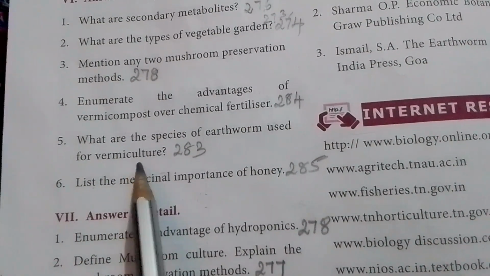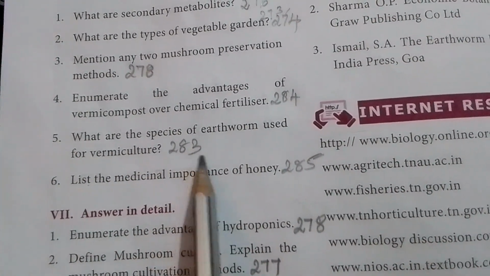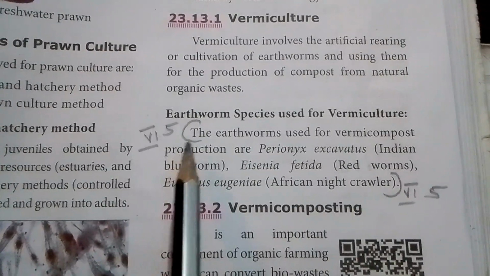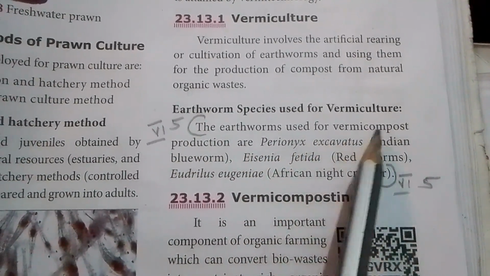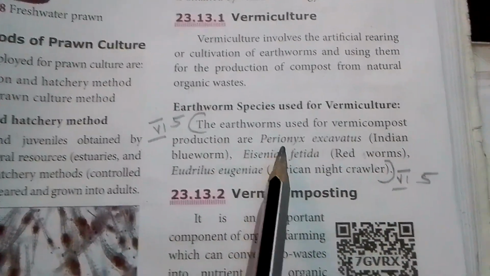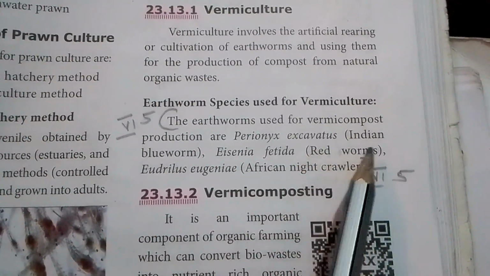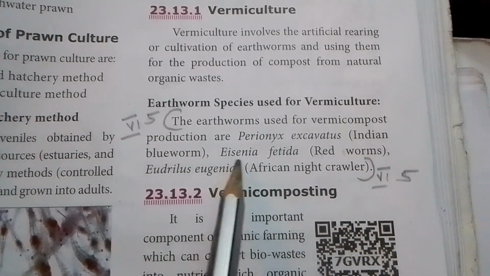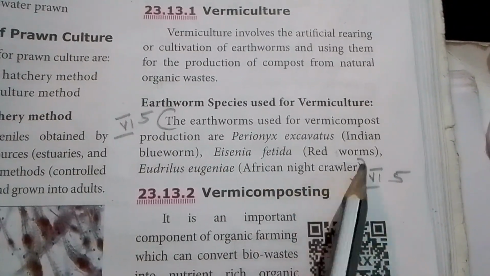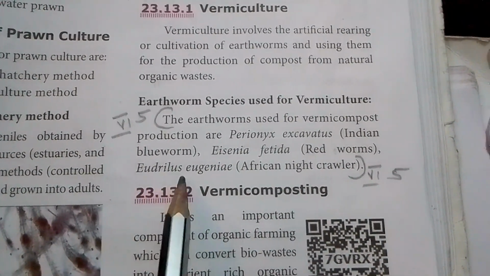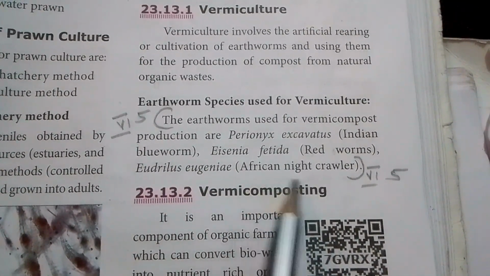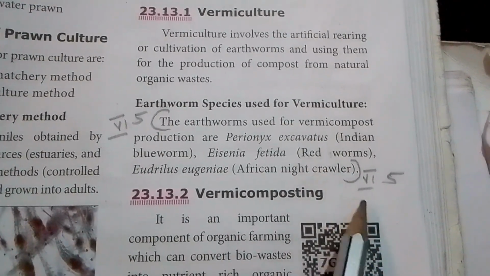Take page number 283. The earthworms used for vermicompost production are Perionyx excavatus, Indian blue worm, Eisenia fetida, red worms, then Eudrilus eugeniae, African night crawler. இது வரைக்கும் 6th Roman letterல 5th question உடைய answer.